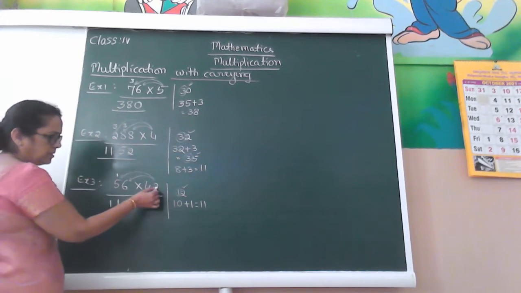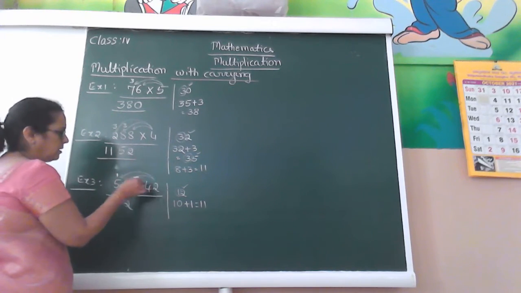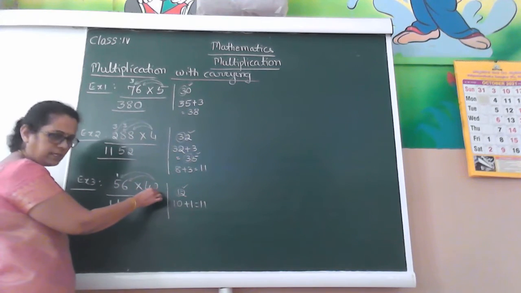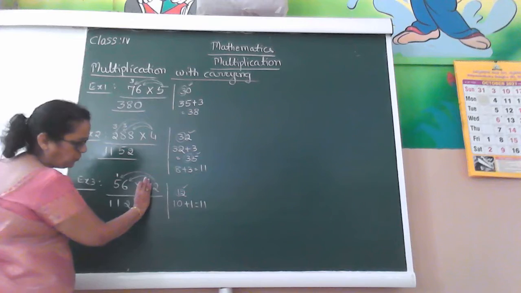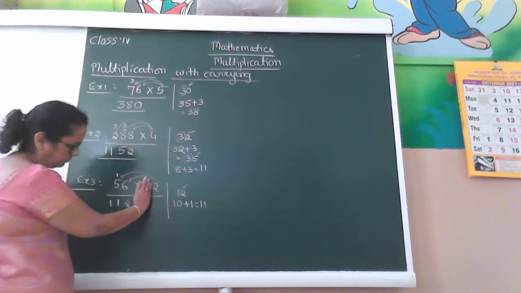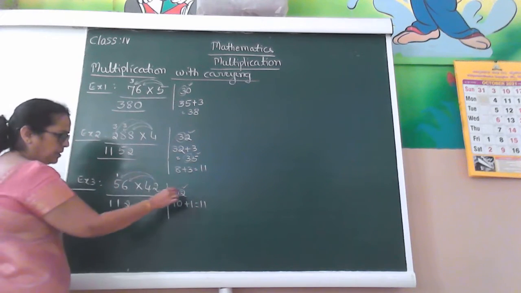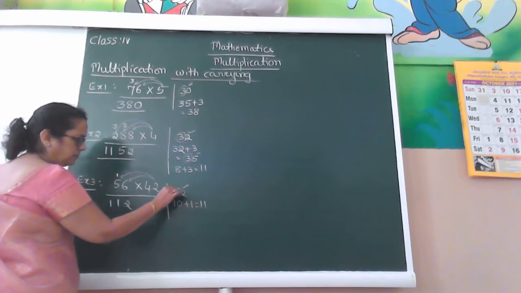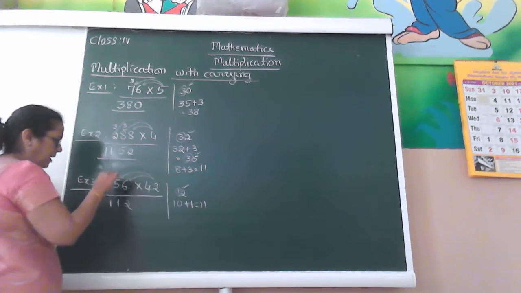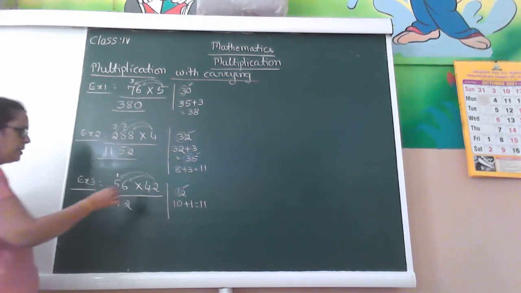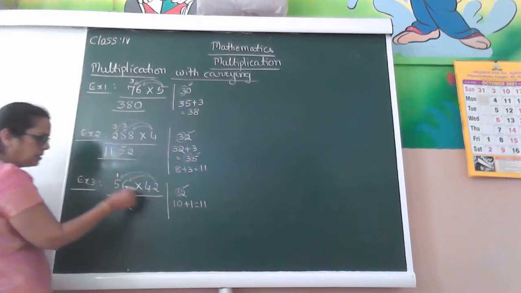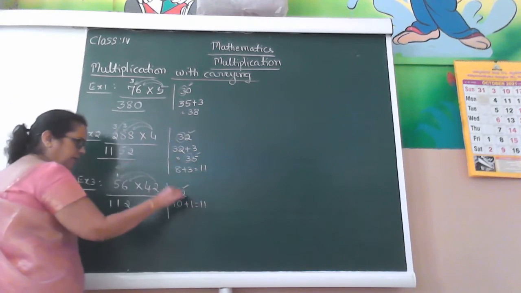Understood? First multiply 56 by 2, which is in unit place. Forget about 4. 2 sixes are 12. Write 2 here and the one which is left here, give carry above 5. Next number, 2 fives are 10 and carry 1.